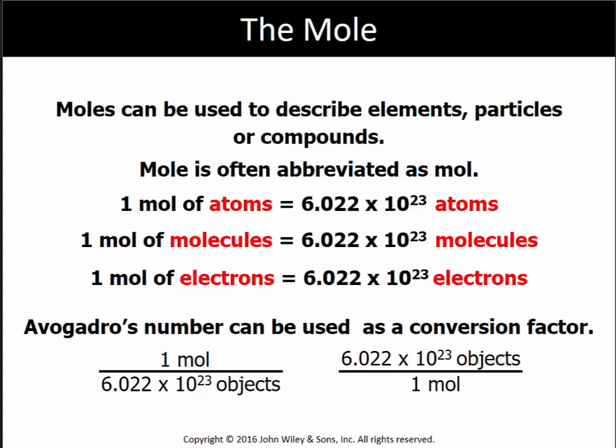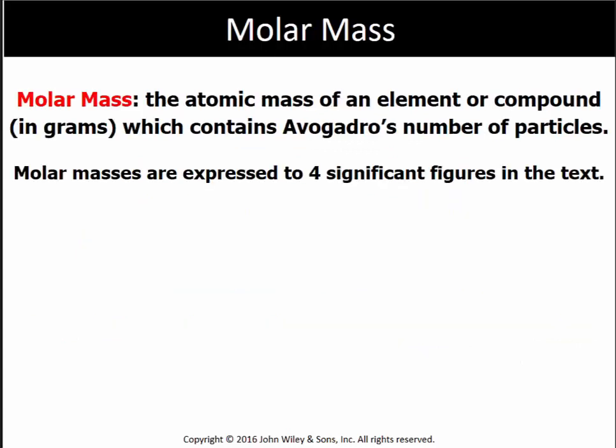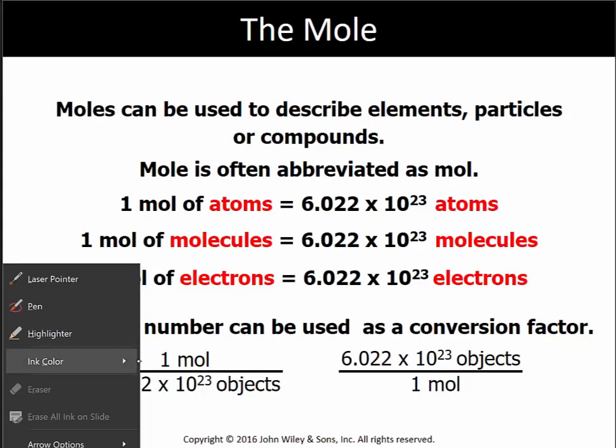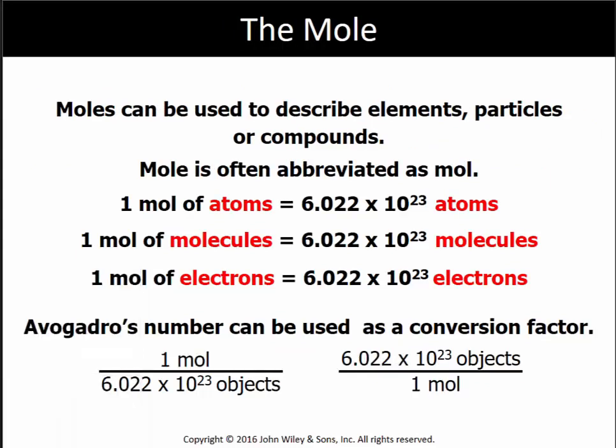Each mole is 6.022 times 10 to the 23 units, objects, count, whatever you call it, or you can say each 6.022 times 10 to the 23 is 1 mole of the object. So these two are going to be the conversion factors that are going to be used.